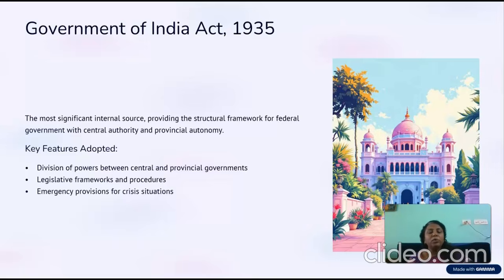So it talked about the division of powers between center and state, and at that time it was provinces, so provincial governments. Then legislative frameworks and procedures, and emergency provisions for crisis situations. These were the key aspects which the framers took from the Government of India Act of 1935.